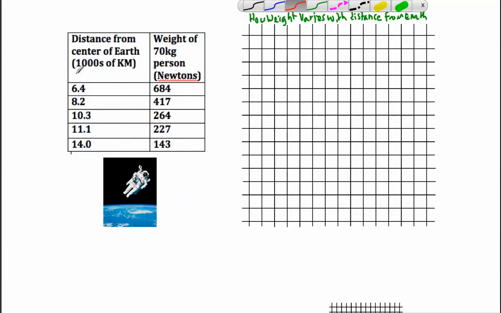Commonly, if there's a big jump, like from 0 all the way up to 6.4, sometimes people will tend to want to do something like this and then go 6.4 and go up from there. We don't want to do that. That tends to obscure the trends that the graph will show. And I'll try to show you what I mean by that later.